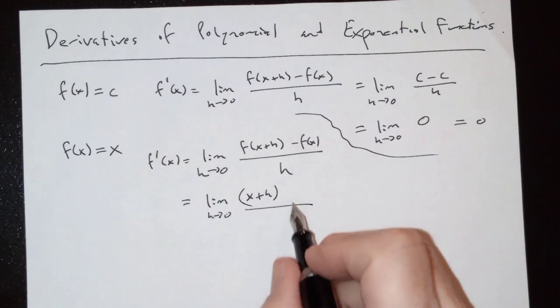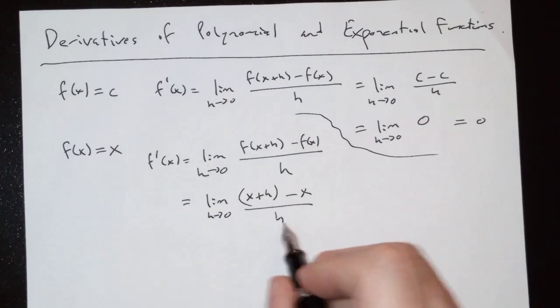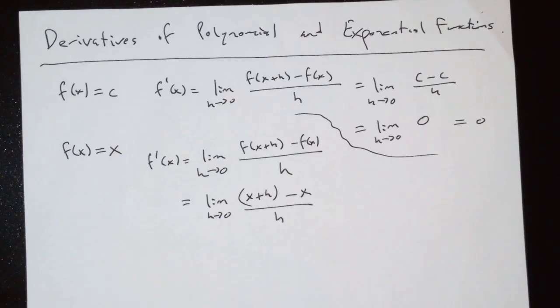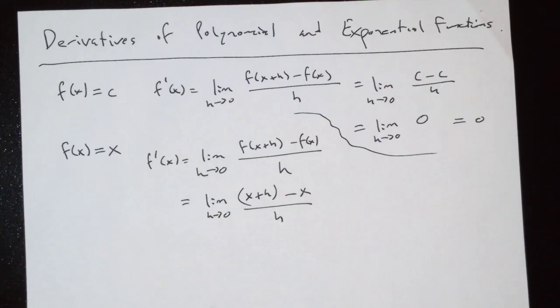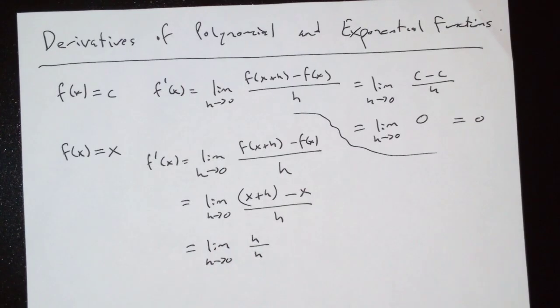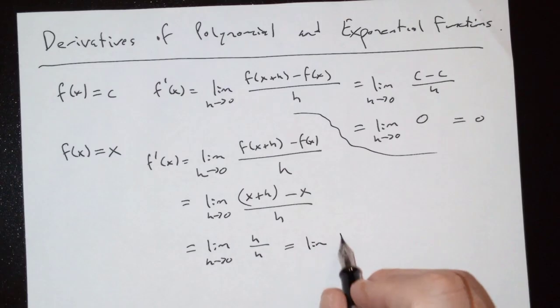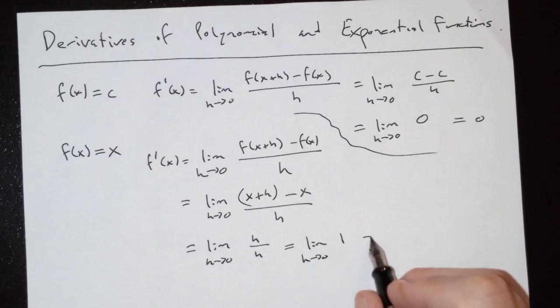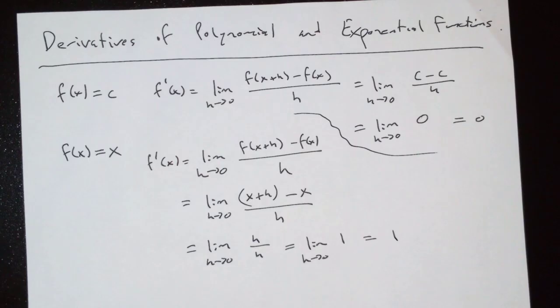If I put in x, I'm going to get out x. So my limit is now to evaluate this. What happens to my x's? So I'm just left with h over h. But h over h also cancels, and that makes that limit 1. But that's a constant. The limit of a constant is that constant.